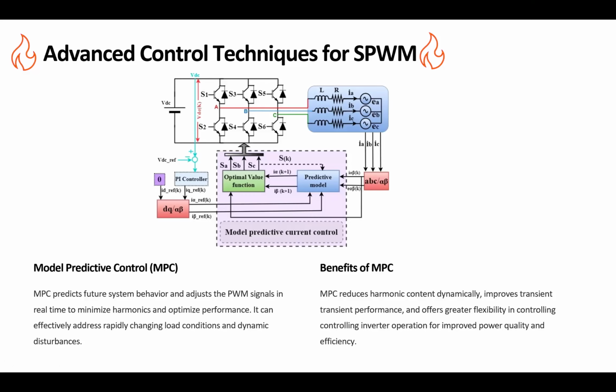We know that the foundation of our switching technique is PWM, or in our case, we want a sinusoidal waveform, so it is a sinusoidal PWM, which is SPWM.